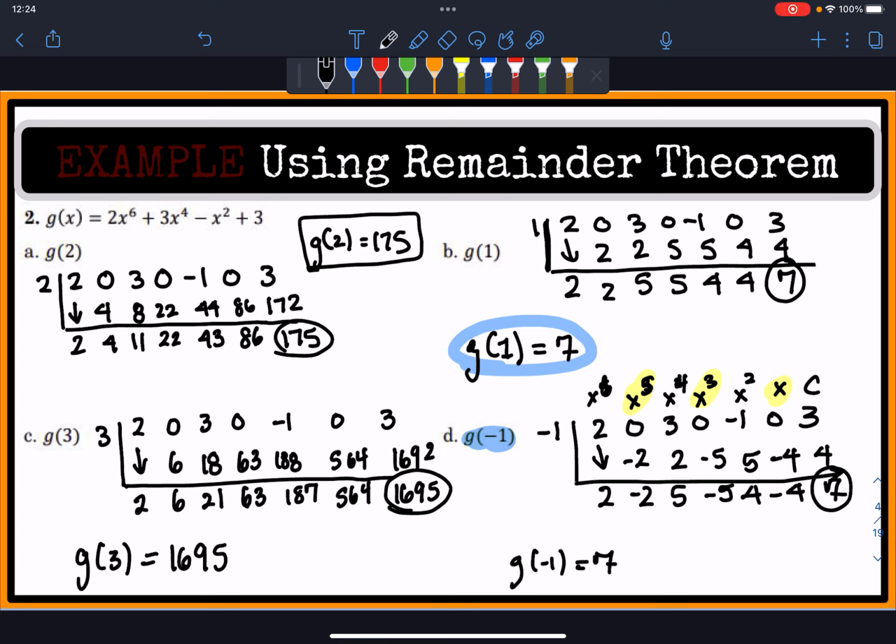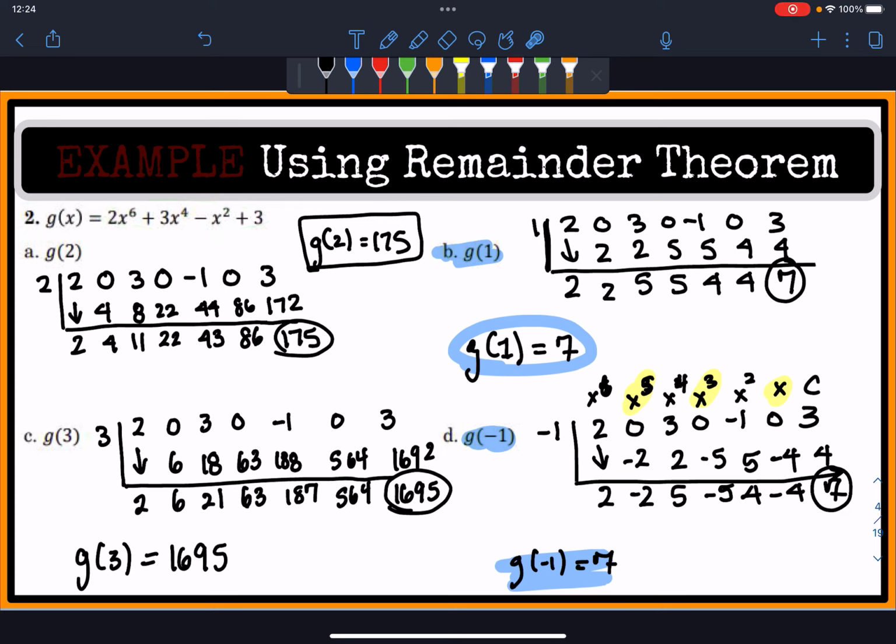So you see, I got the same answer as letter B because this function is an even function. All of the exponents are raised to an even power. Even this one, this is technically x to the 0 power, and 0 is an even number. So with all of the exponents being even powered, that means G of x is an even function.